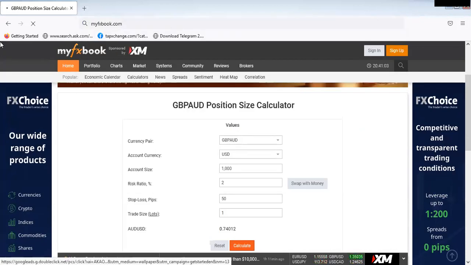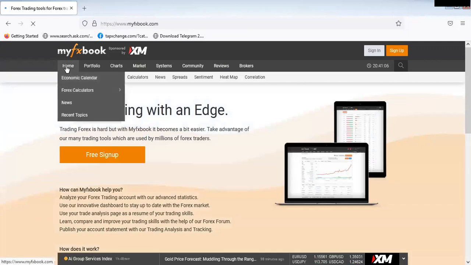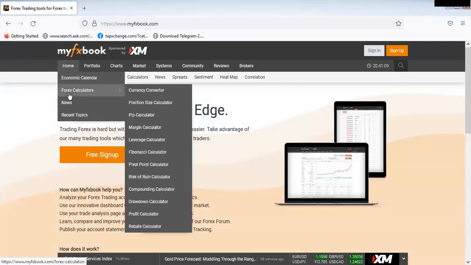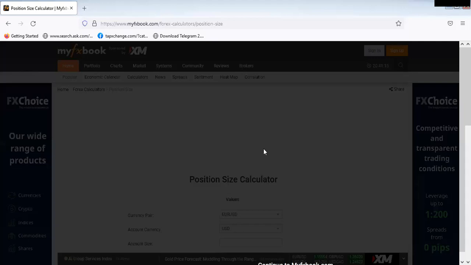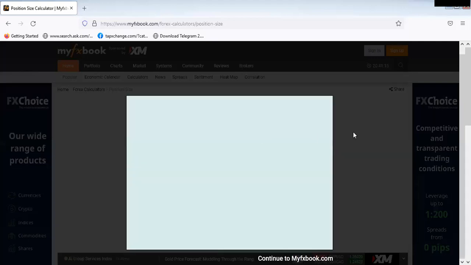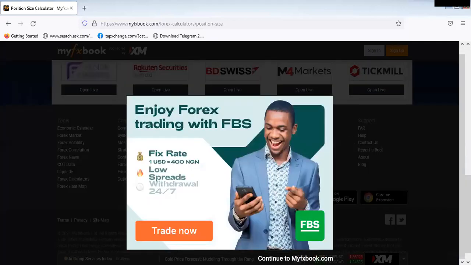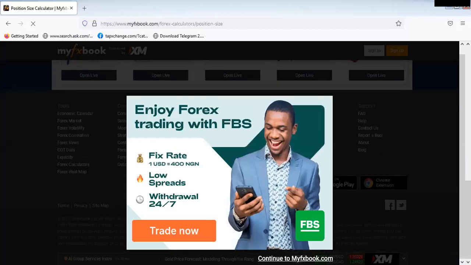Once you get there, the next thing you see is Home. Go to Home, go straight to Forex Calculator, then click on Position Size Calculator. Once you click on it, then scroll up. Why do you need to scroll up? Just click on Continue to Myfxbook.